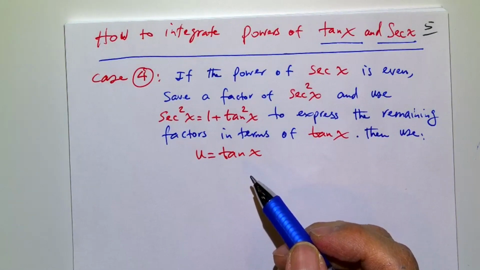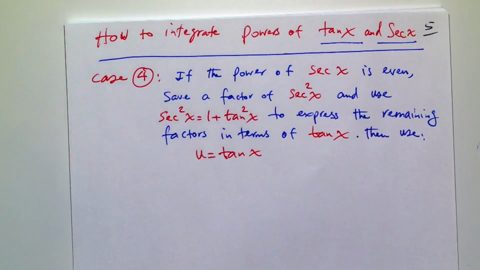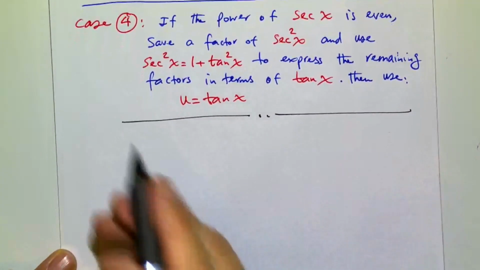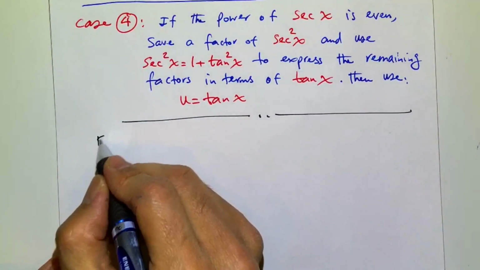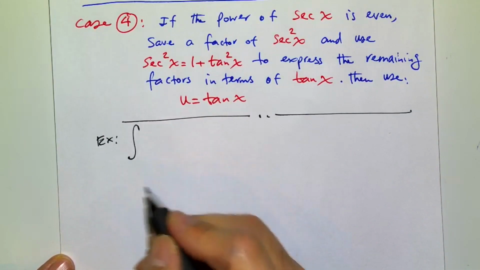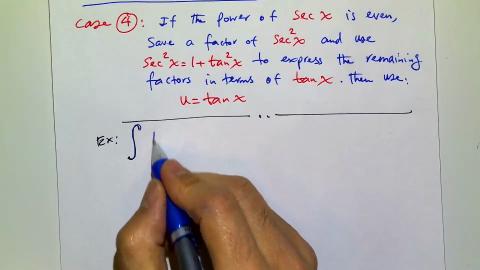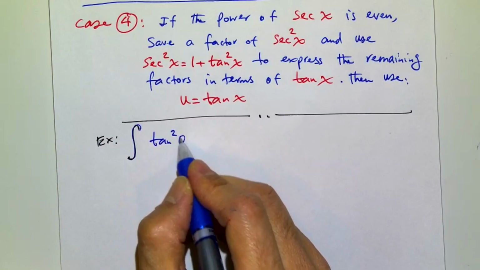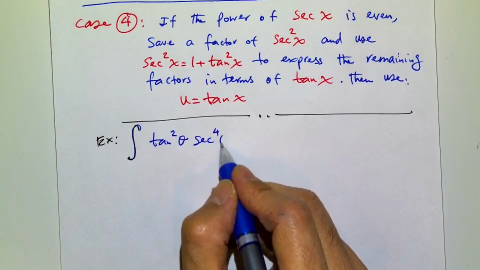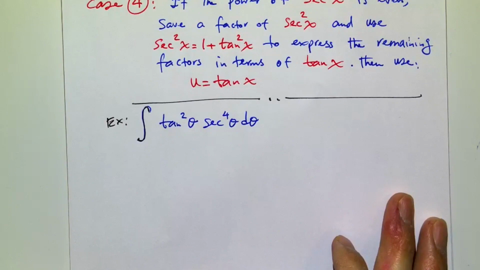So let's see examples of this. Let's do this example: the integral of tangent squared theta secant to the 4th power theta d theta. Okay, we want to do that.